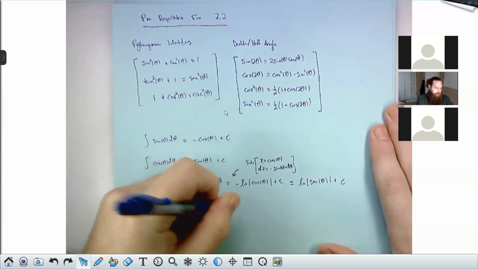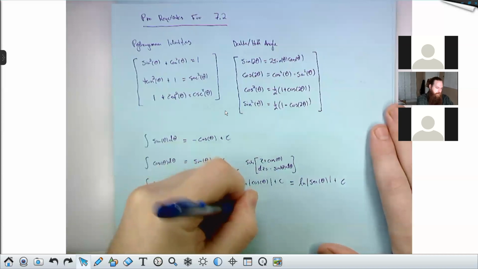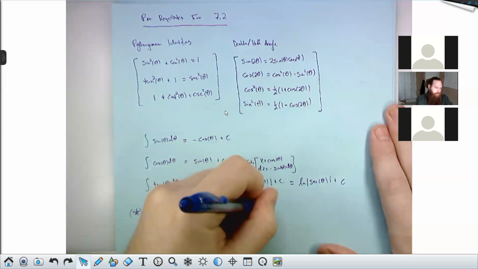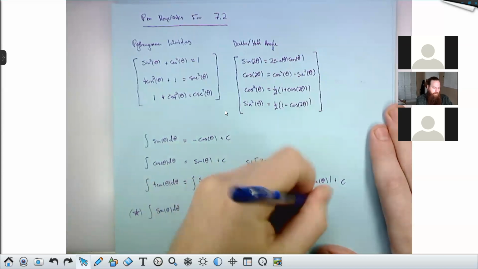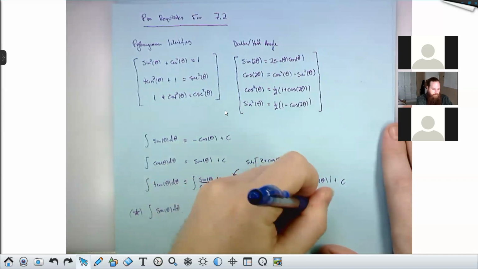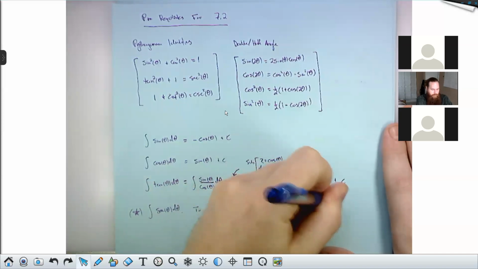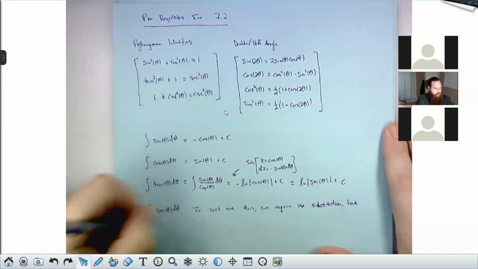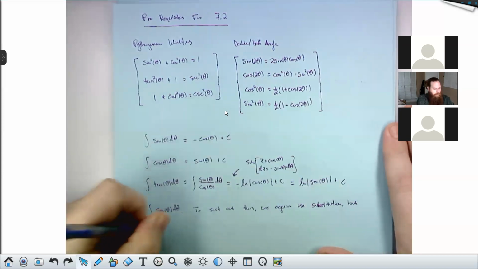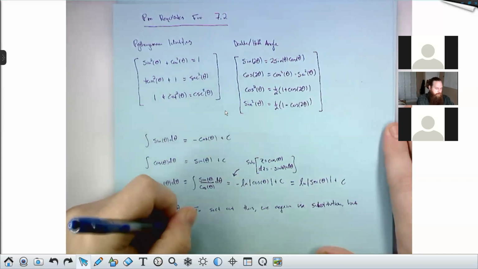To sort out this guy, we again use substitution, but first, do some clever algebra.